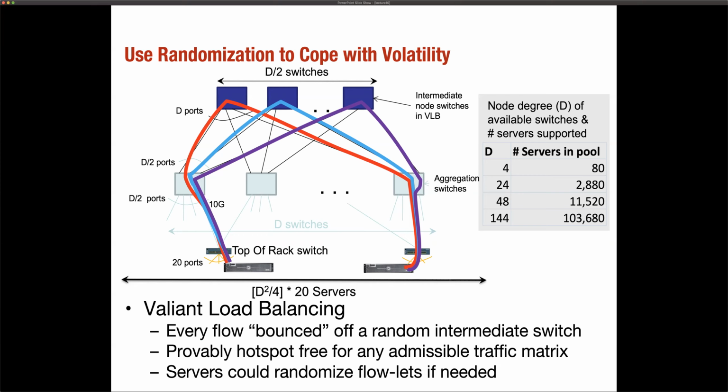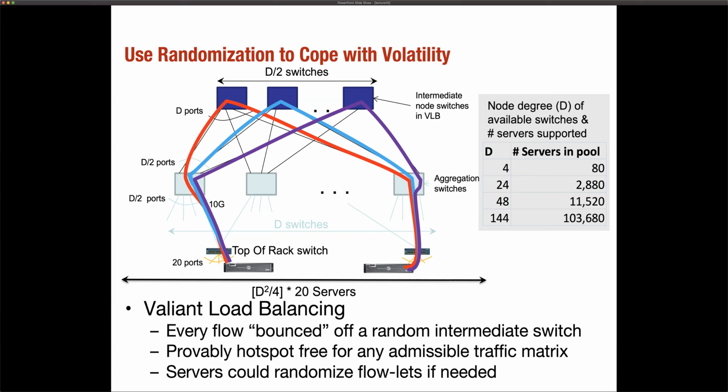The downside can be that temporarily you might have more flows assigned to just one path, because there is still a probability that all of these flows can get mapped to one link, right?